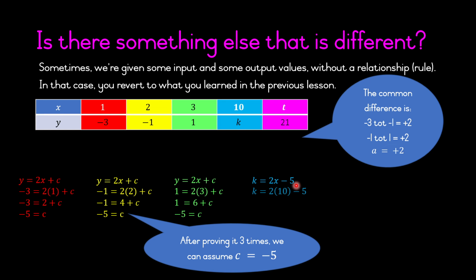We know that x is 10. Substitute it further: 20 minus 5, therefore k is 15. In the last column, we have x is t. Substitute into our equation and simplify. Therefore, t is 13. And that basically tells you how to answer the tables.